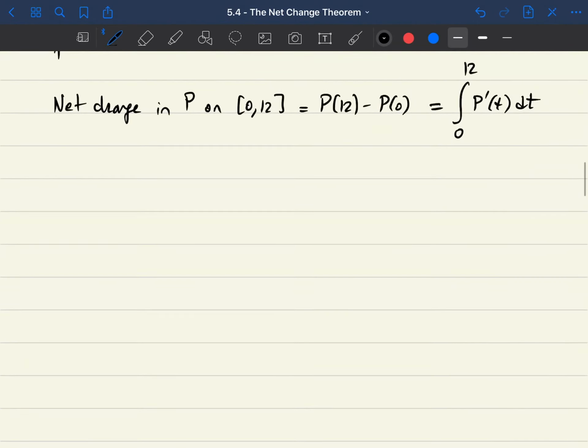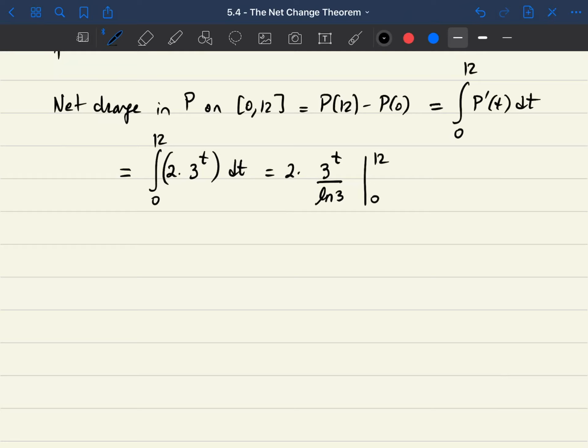This is equal to the integral from 0 to 12 of 2 times 3 to the power of t dt. You can take the 2 outside in front of the integral. And the antiderivative of 3 to the power of t, remember, is 3 to the power of t over ln 3. So you get 2 times 3 to the power of t over ln 3 from 0 to 12.